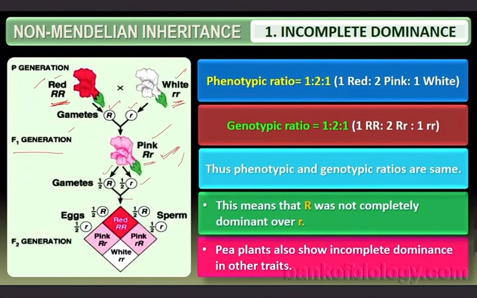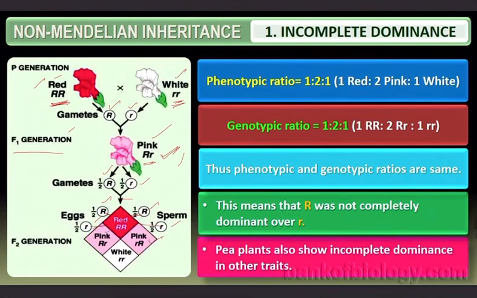Okay. Now what Mendel has done, or Mendel's disciples, is selfing of the F1 generation. When the selfing takes place, the gametes produced are again the same, capital R, small r.